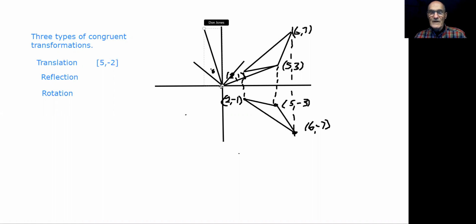And then I can measure off this distance here. So that's about like that, so I can put my point right there. Okay, and then I can erase this line and that line.